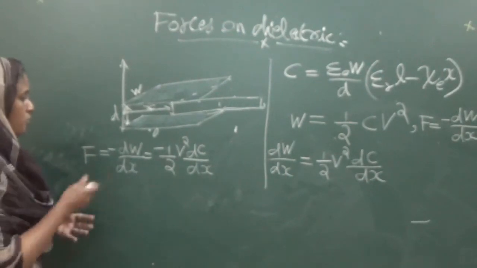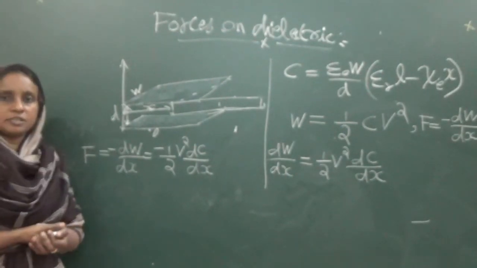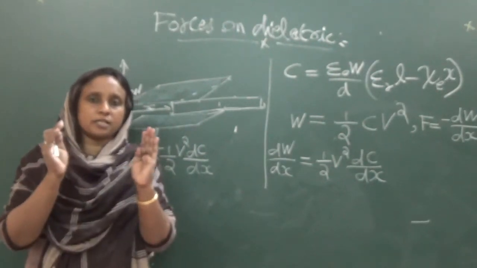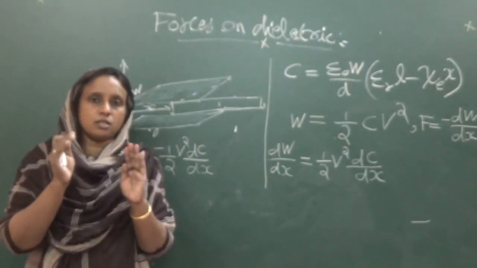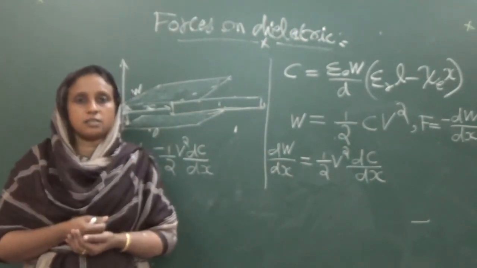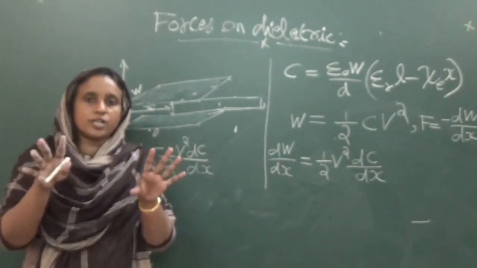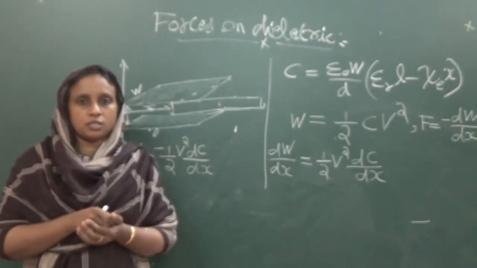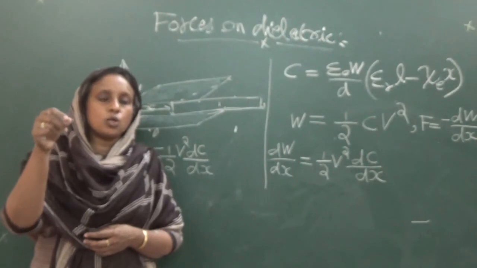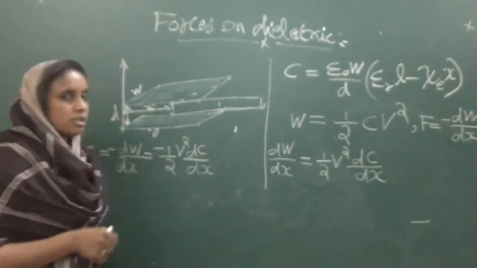Okay, so to rectify this situation, we have to think that in order to keep a capacitor at constant potential, we have to supply voltage by a battery. Then only it can hold its potential constant. That means the battery should do some work on this capacitor.